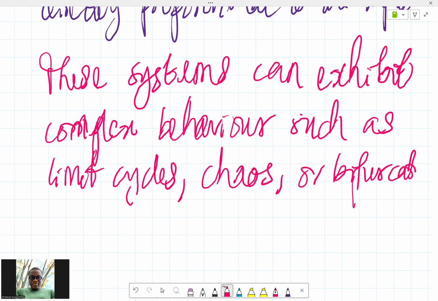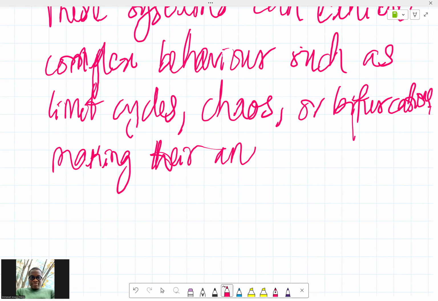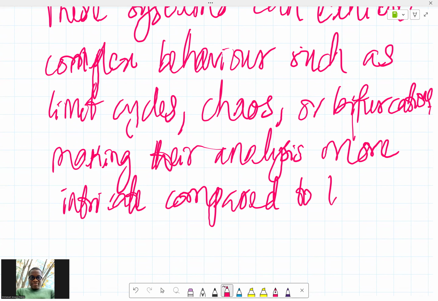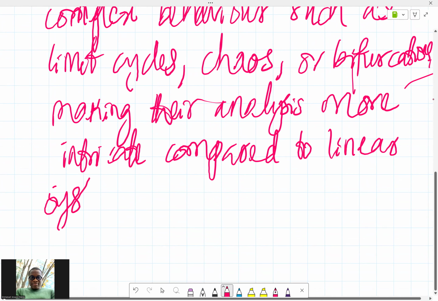Bifurcation is simply division into branches as things progress in a dynamical system. So they can experience bifurcations, all right, making their analysis more intricate compared to linear systems. So linear systems are more straightforward than nonlinear systems for sure.